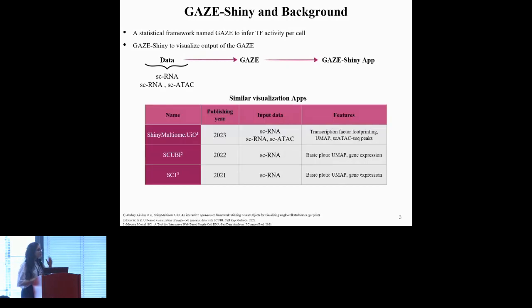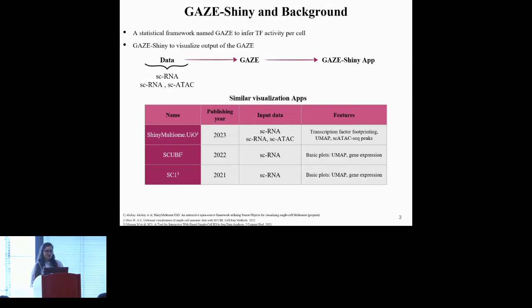Here, I would like to mention some similar, recent apps. The first one is Shiny Multiome.uio, which was published in 2023. The input data is single cell RNA or both single cell RNA and single cell ATAC, and it allows users to see transcription factor footprinting, UMAP, and single cell ATAC peaks.